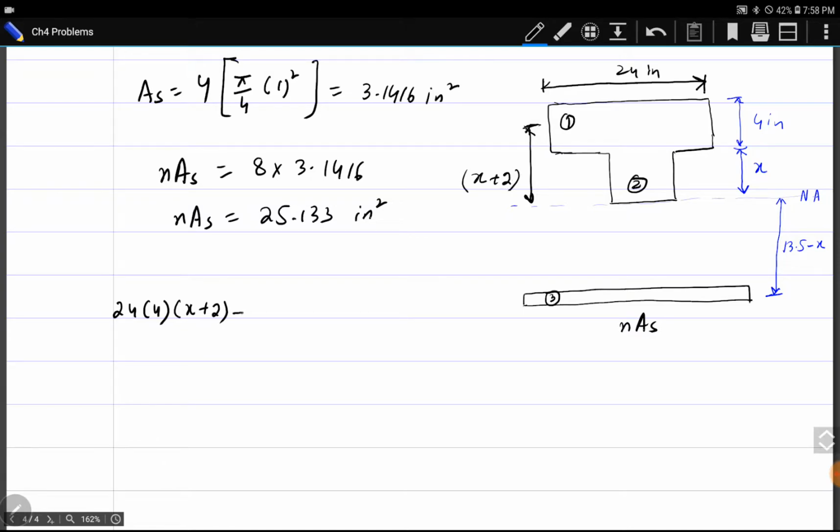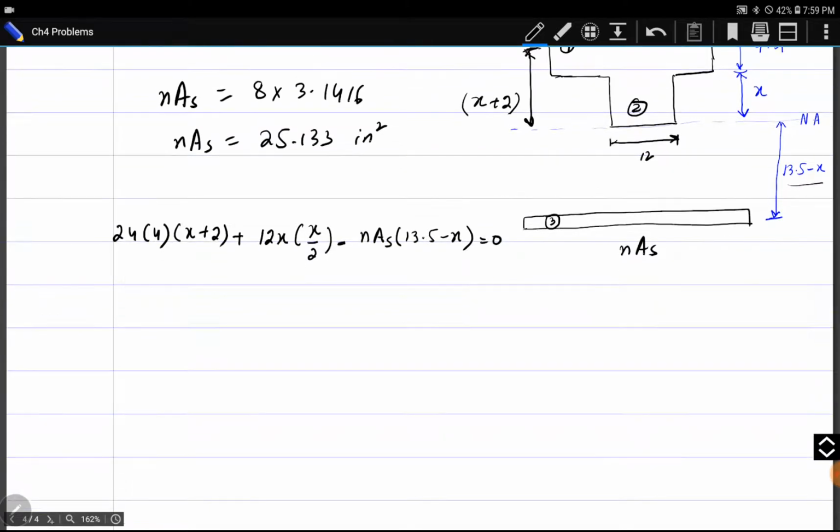Okay, plus there is another area, area 2. This area is actually 12x, into distance of its centroid from the neutral axis, which is x by 2, minus area 3, which is NAS into distance of its centroid from the neutral axis, 13.5 minus x, is equal to 0.